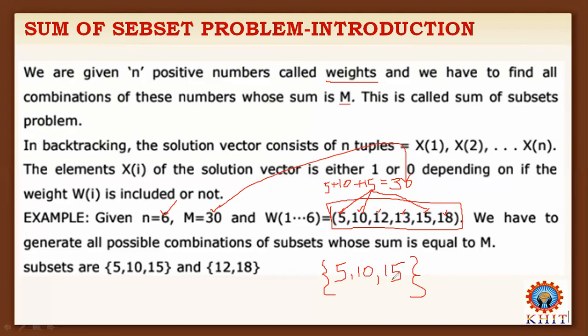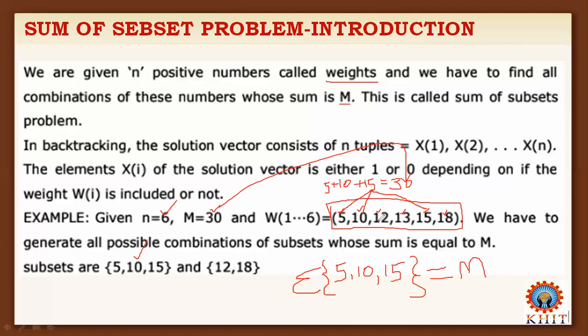The sum of subset values is equal to m. That is called the sum of subset problem. So here you have identified two solutions. This is the first solution.